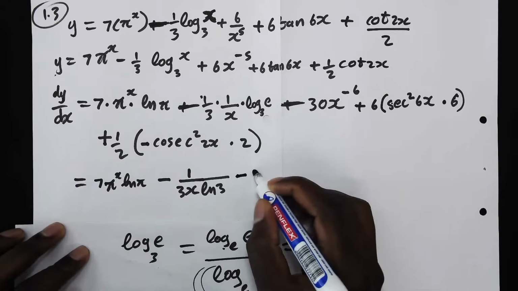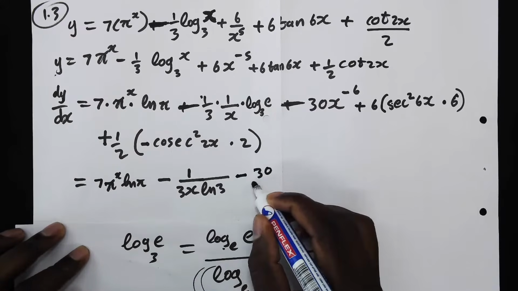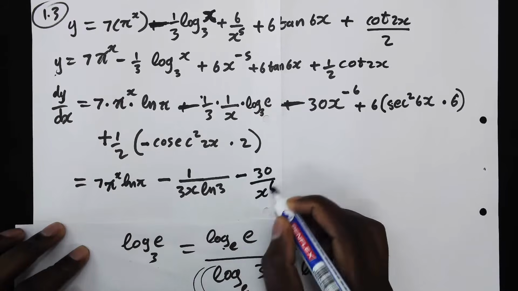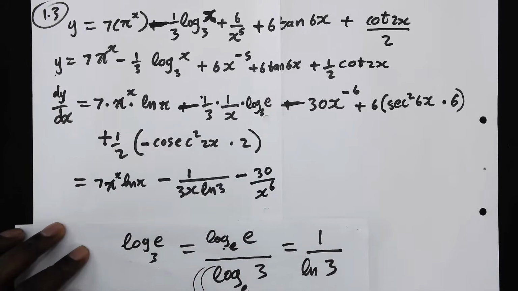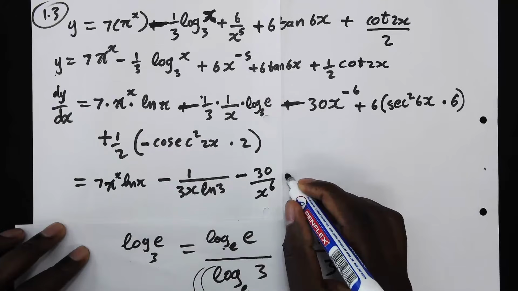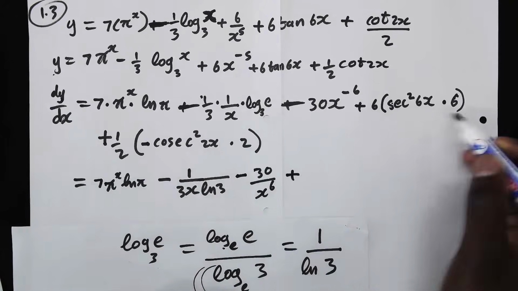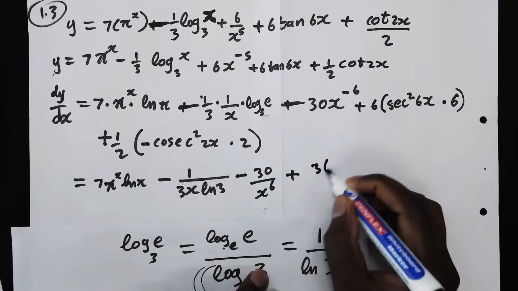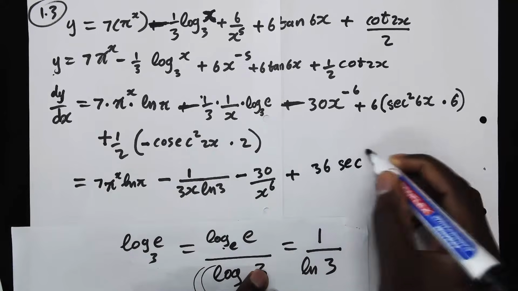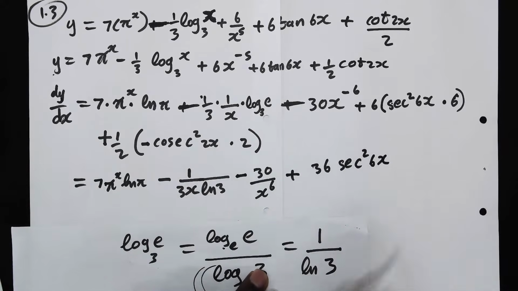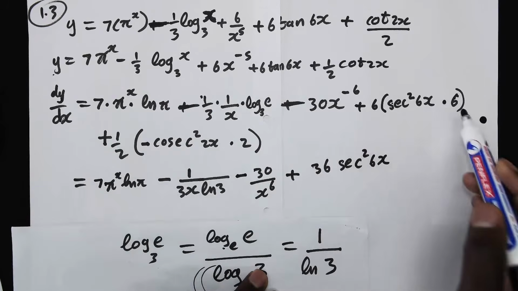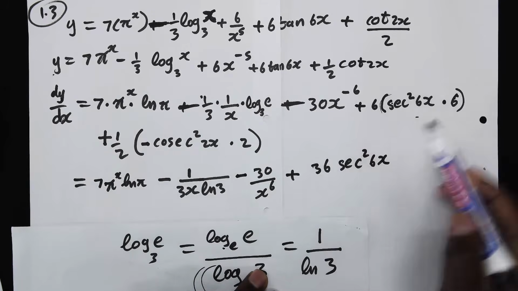Therefore, we'll have minus 30 all divided by x to the power of 6. And then plus 6 times 6, it gives us what? 36. We still have sec squared 6x. Please don't make a mistake of saying we are multiplying the angle. No, we're multiplying the whole sec.